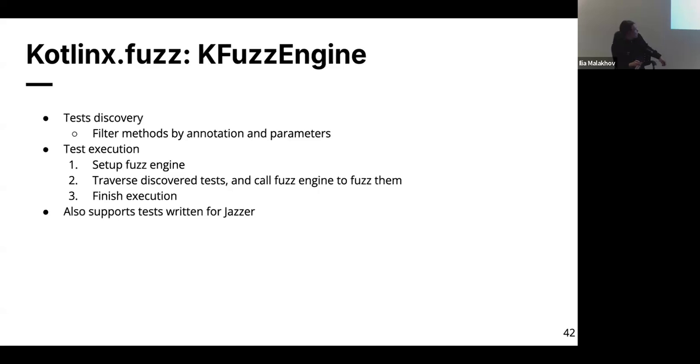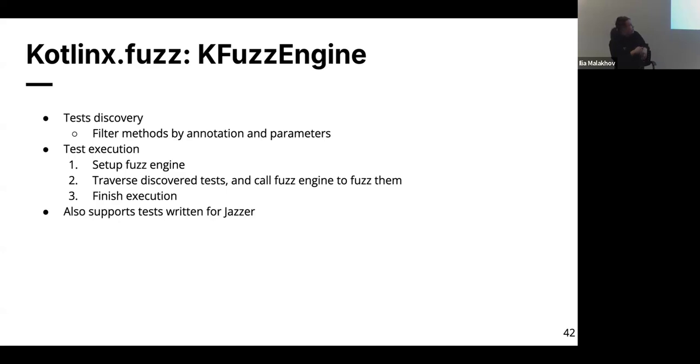So yeah, this basically needs to do two things. First, it needs to discover tests, which is basically just filtering them by annotation and type parameters. And then we need to execute tests. So this engine sets up the fuzz engine, essentially Jazzer, and then delegates all the execution to Jazzer.